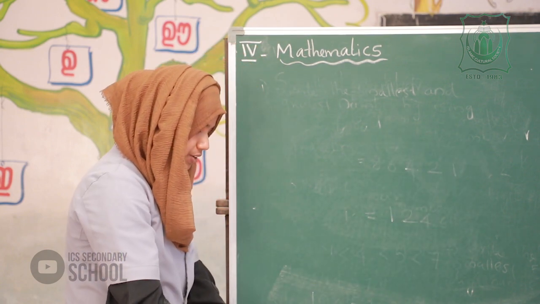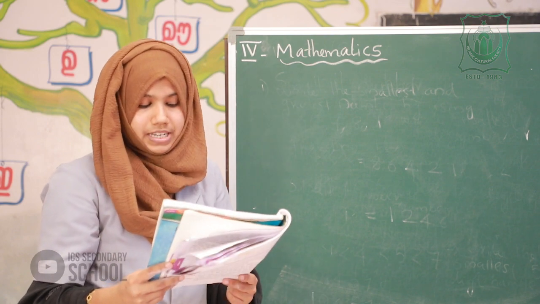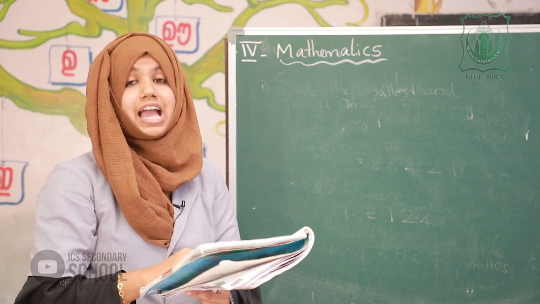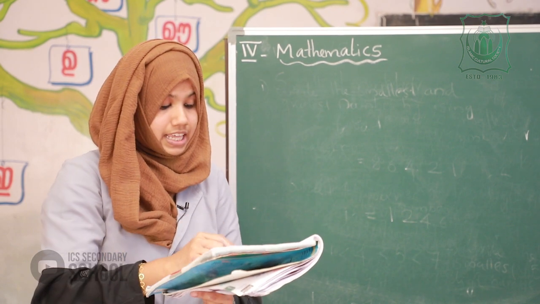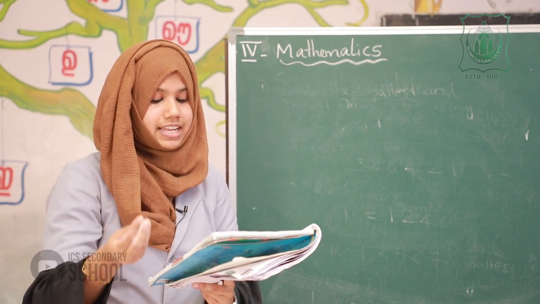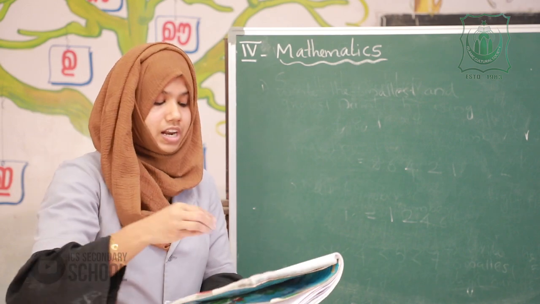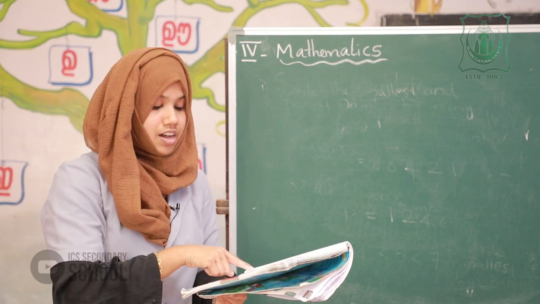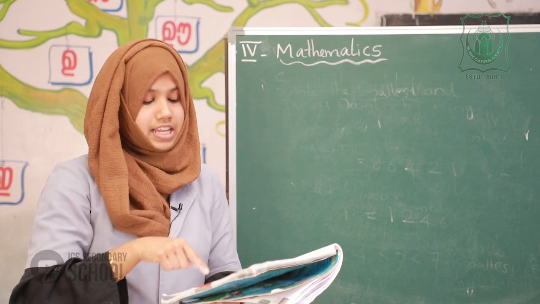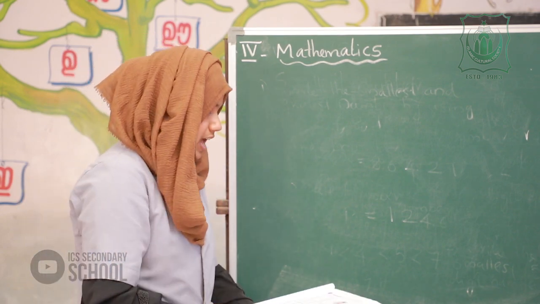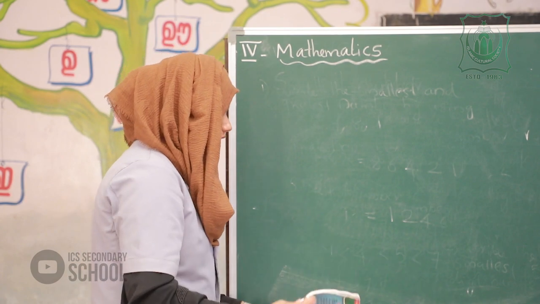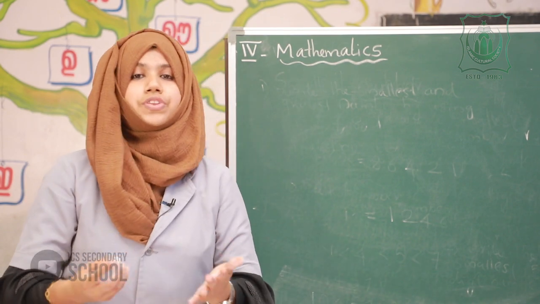Before that, you have an activity, page number 63, E and F. You have to write the smallest number by using these digits. There are 4 questions in each. You should write. Okay, and our next topic is rounding of numbers.